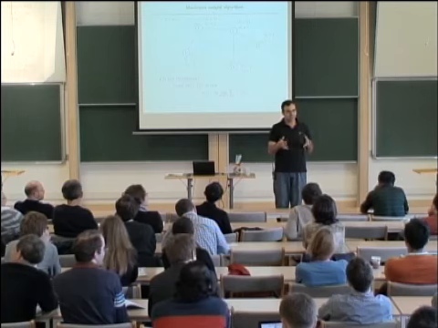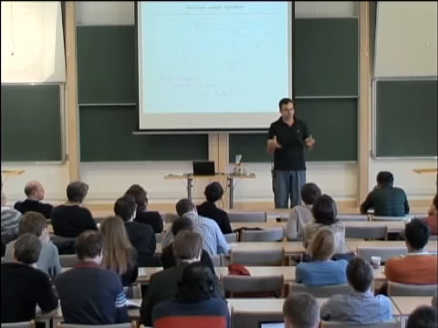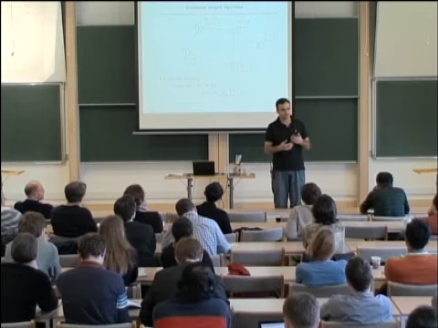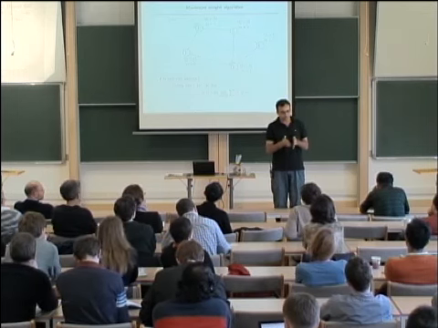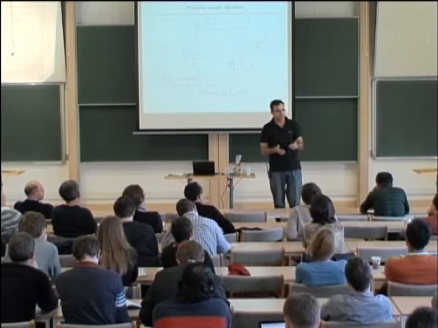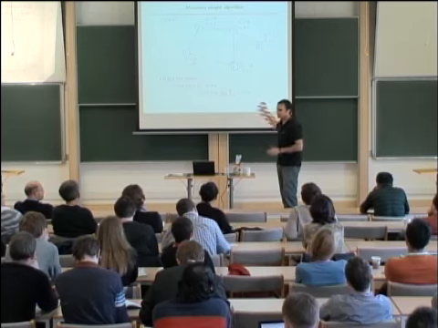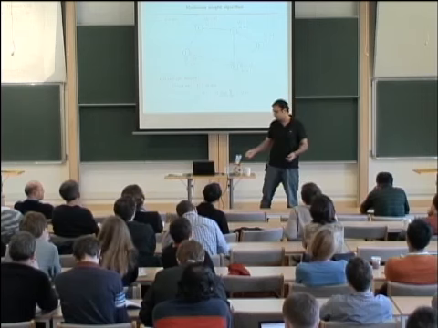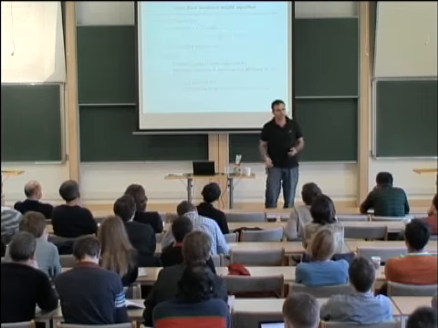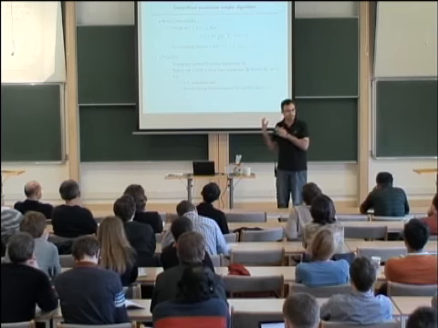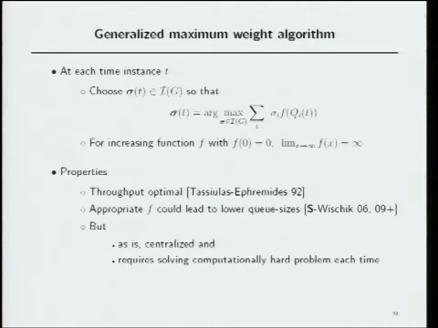As I said, the first class of algorithms are simple random access based algorithms, which are primarily motivated by designing extremely simple protocols. So you're utilizing very little information. This one is just a good performance optimal algorithm. It was introduced by Tassiulas and Ephremides, and it has all sorts of interesting properties.